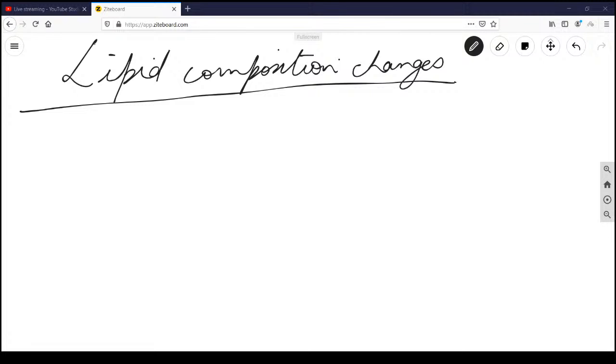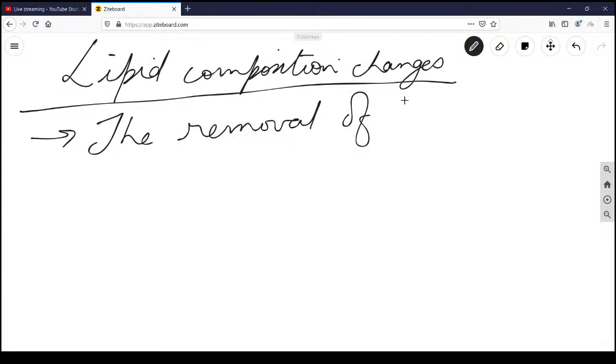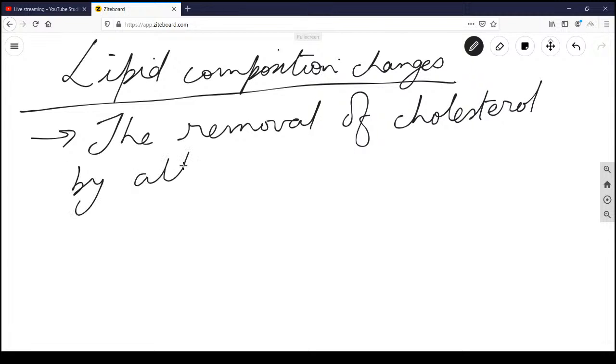The sperm cell membrane is altered by removal of cholesterol by albumin proteins in the female reproductive tract. Very, very important competitive level question: the removal of cholesterol by albumin protein.